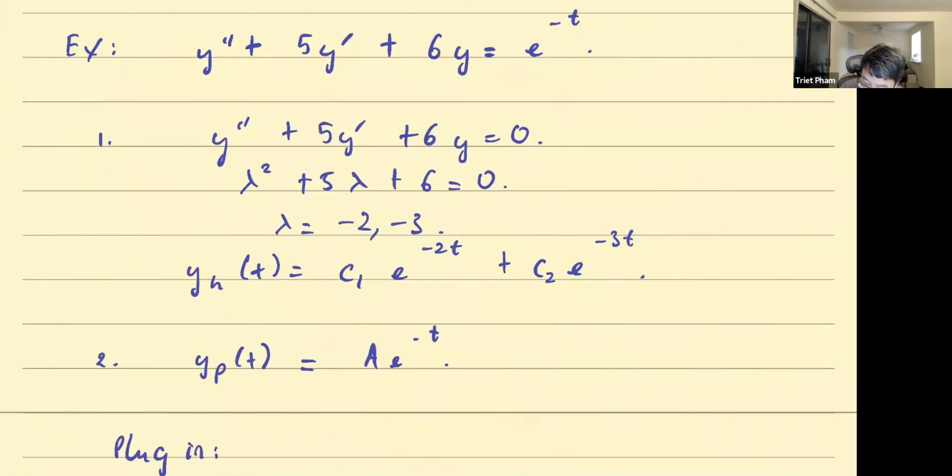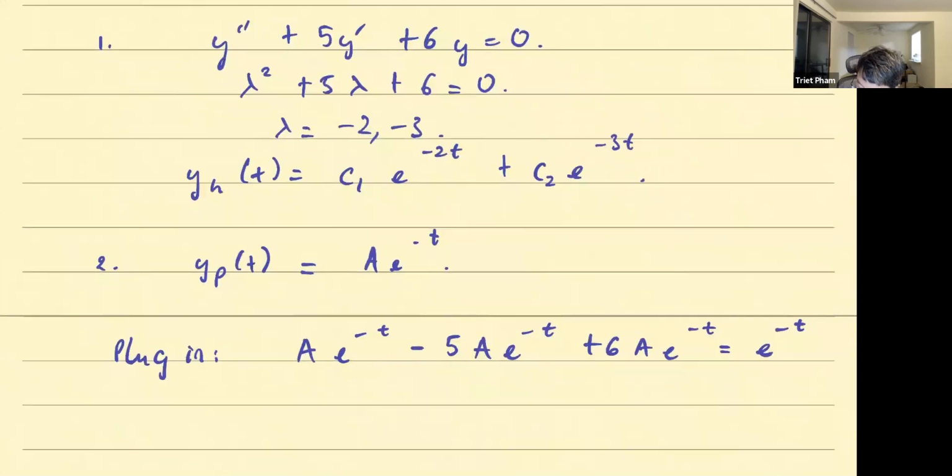Well, fortunately, this is easy. So y double prime is just A e to the minus t, because you do it twice, two minuses become a plus. And then the y prime term is minus 5A, and then y is plus 6A, equal to e to the minus t.